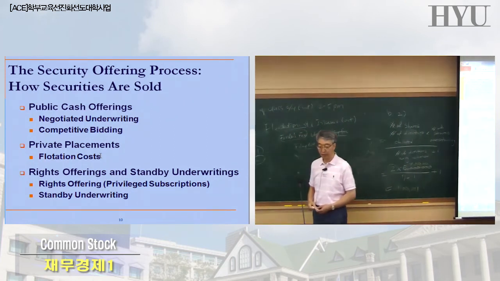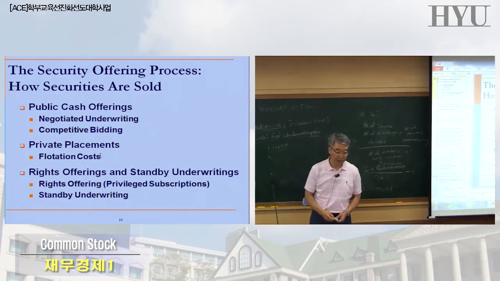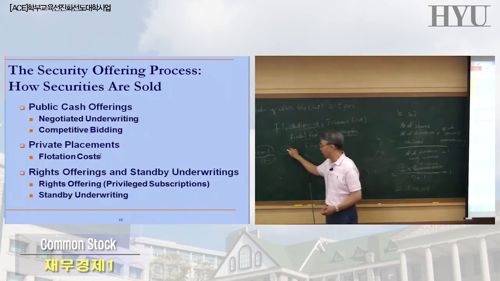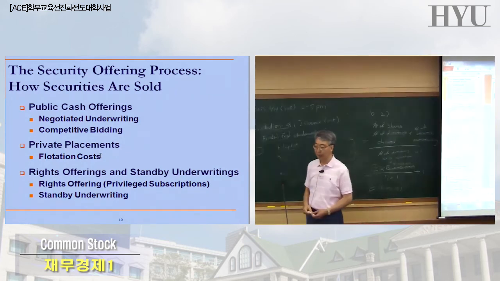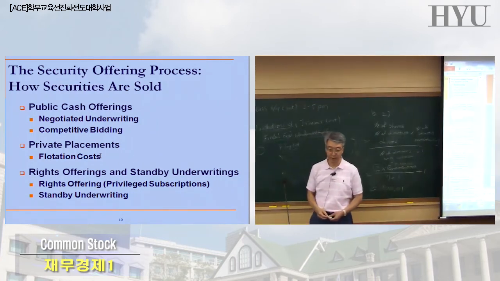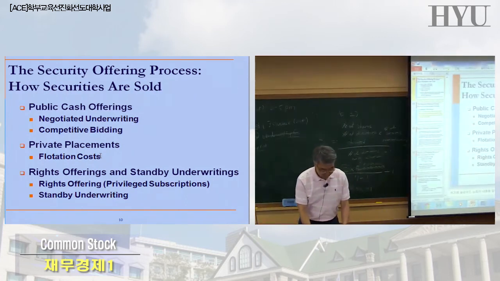Then if you have standby underwriting agreement with the investment banker, well, they are obligated to sell the 2 million shares to somebody else. They will try to find some other people or company to purchase remaining shares.